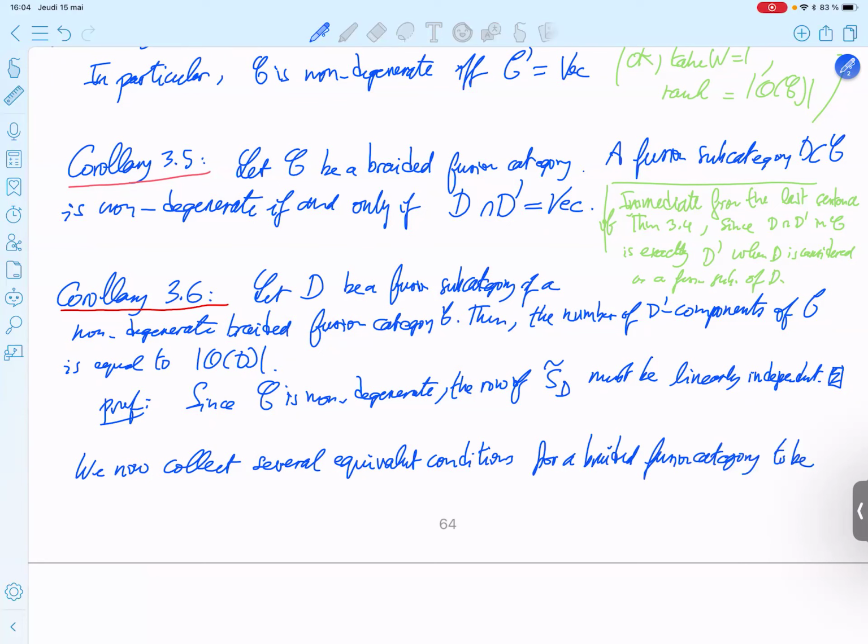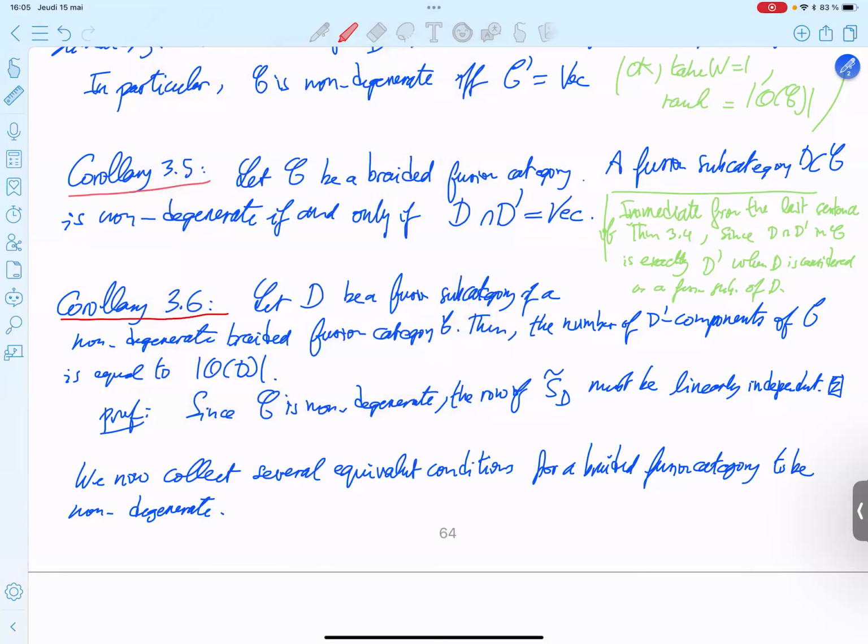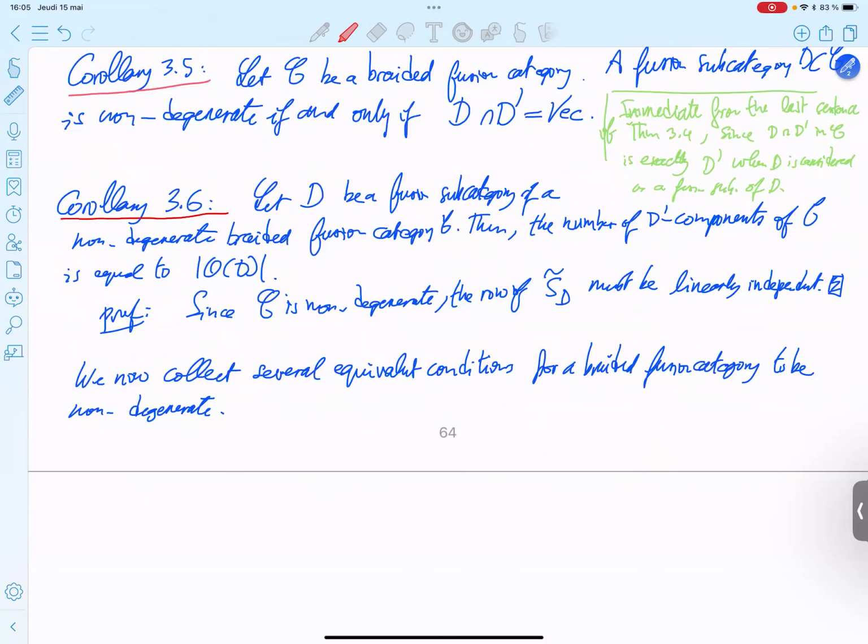We already saw one in the last sentence of proposition 3.4, and the other one will be regarding the factorizable property.